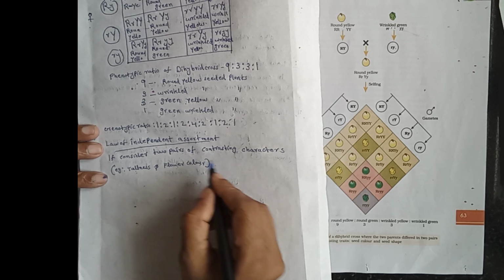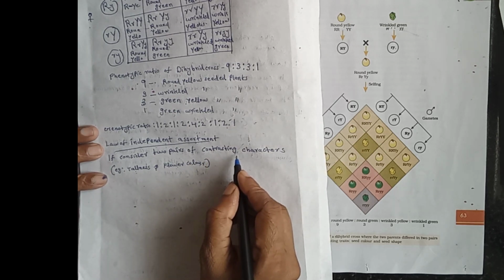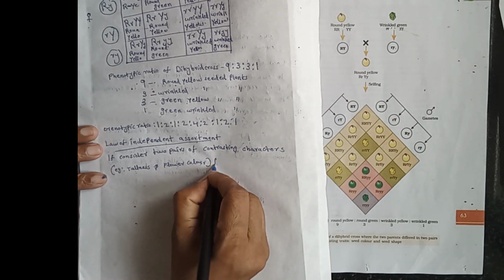Consider 2 pairs of contrasting characters for crossing.